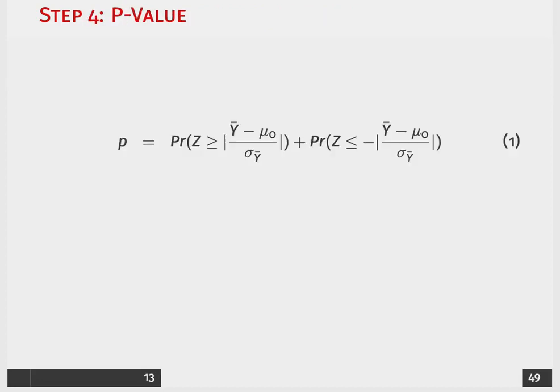With our test statistic in hand, now we can actually generate some level of surprise, right? And that's going to be our p-value. Essentially, all we're doing here is asking, what's the probability that we get a test statistic this large, and what's the probability that we would get a test statistic this small?